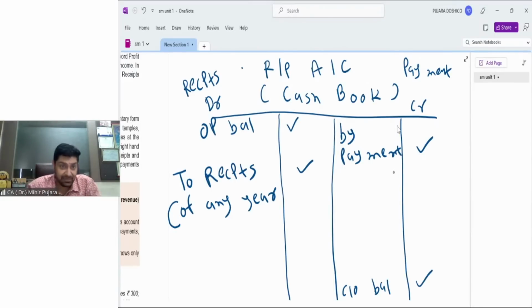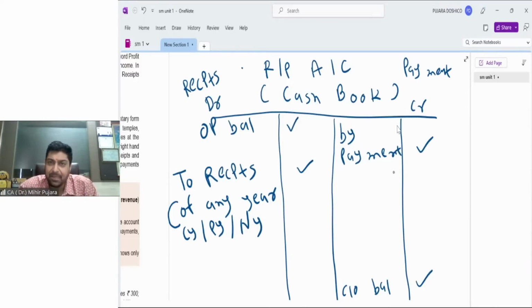Meaning, even if it is of current year, previous year or next year, all receipts we have to record here.